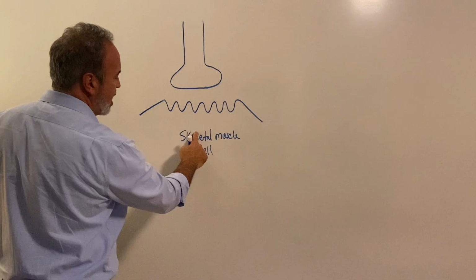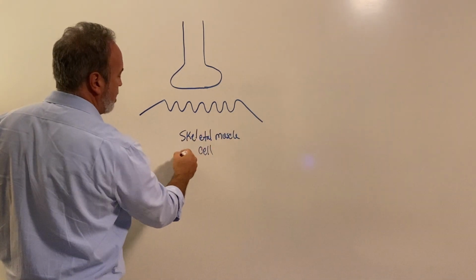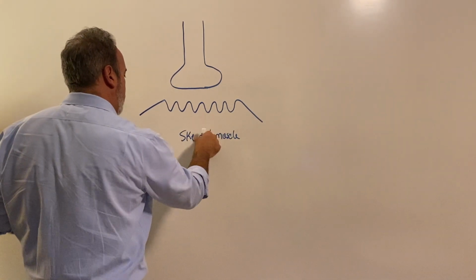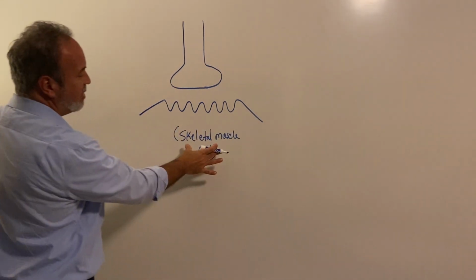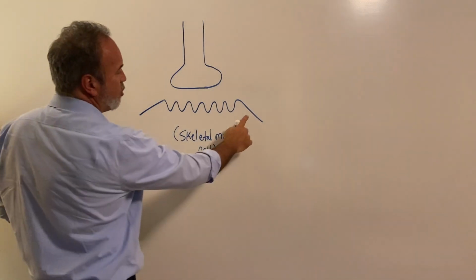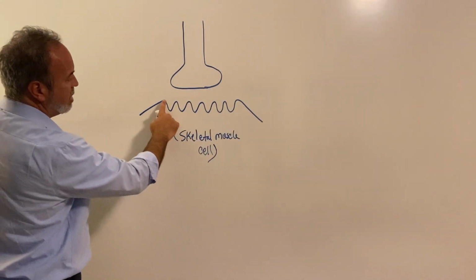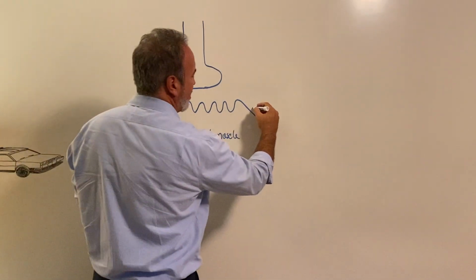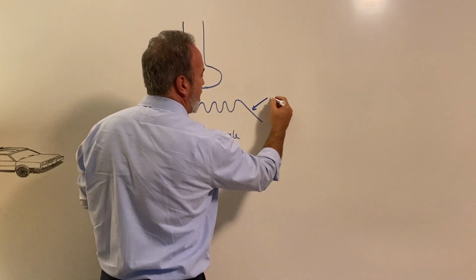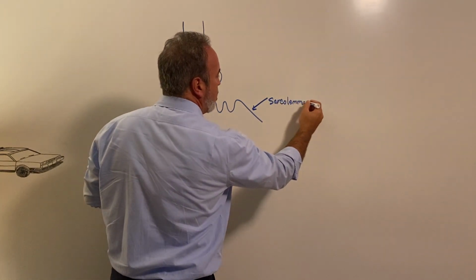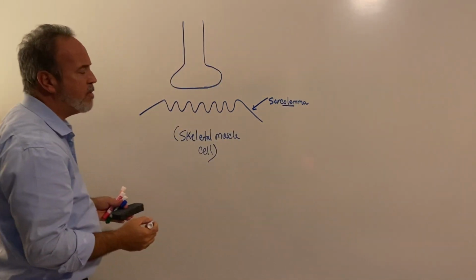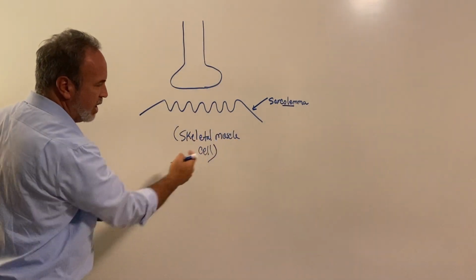This board is a little shaky here, but it's okay. Now this structure that you see at both ends here and is folded, this is called the sarcolemma. The sarcolemma is the cell membrane of a skeletal muscle cell.